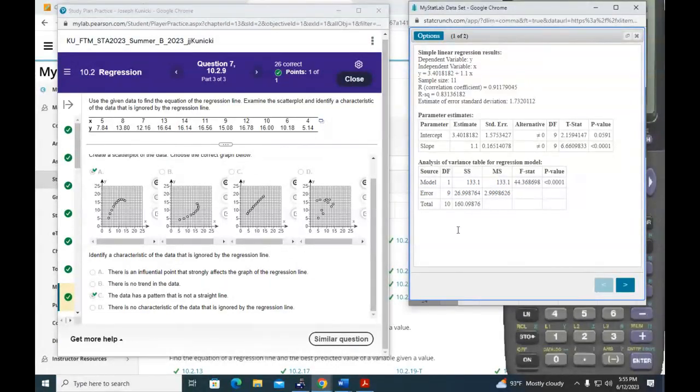The characteristic of the scatter plot, they said. Since it has a significant pattern of curve, it's not a straight line.